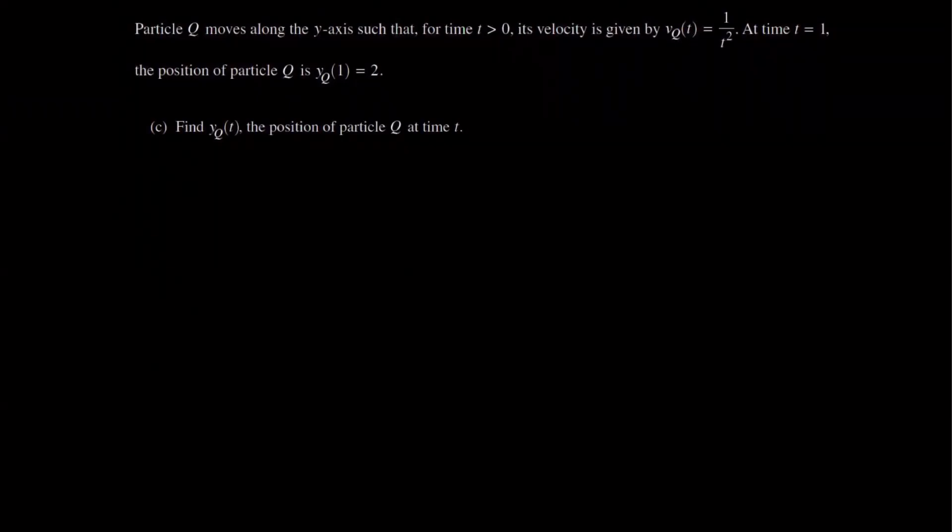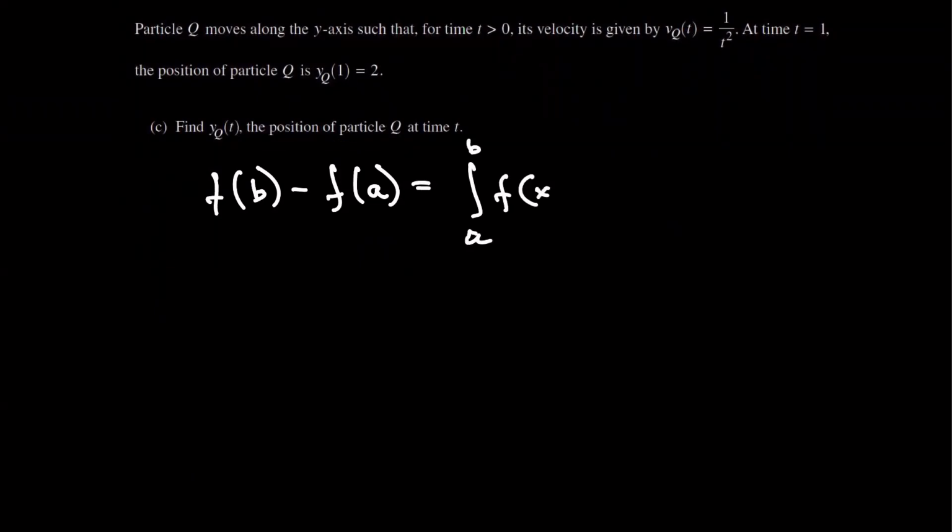In this question, we need to find the position of particle Q at time t. Let's recall the fundamental theorem of calculus, which says that f at point b minus f at a is equal to the integral from a to b of the derivative of the function.